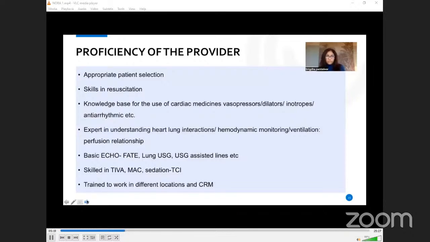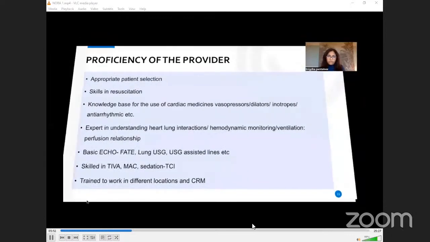He should be skilled in resuscitation, should have a good knowledge base of cardiac medicines like vasopressors, dilators, and protein, and should be expert in understanding heart interactions, hemodynamic monitoring, and blood pressure-pulse relationships. He should have a basic knowledge of ECMO, FOCUS assessment, transthoracic echocardiography, lung ultrasound, ultrasound-assisted lines, should be skilled in managing TIVA and sedation, TCI, and should be used to working in different locations and doing crisis resource management in case of contingencies and eventualities.